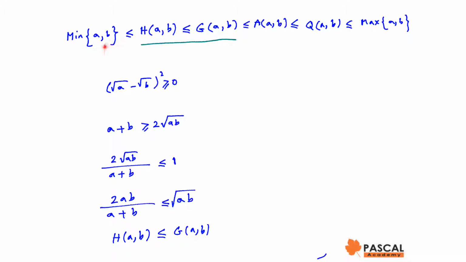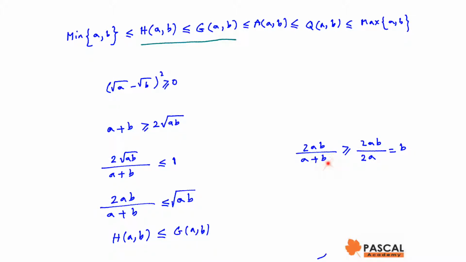Let's assume A is the minimum of A and B. If A is the minimum of A and B, then 2AB over A plus B is greater or equal than 2AB over 2A, which is B. We know when we increase the denominator of a fraction, the fraction is getting smaller.